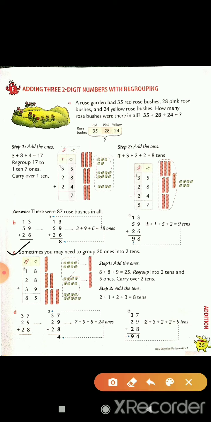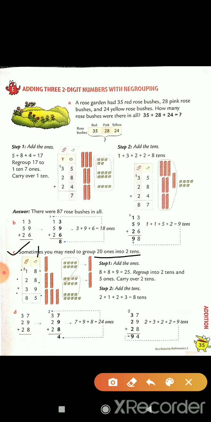Next, C. Sometimes you may need to regroup 20 ones into 2 tens. Let us understand this through an example. 18, 28 and 39. We have to add them. So first we need to add the ones. 8, 8 and 9.